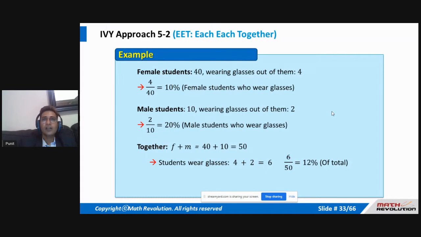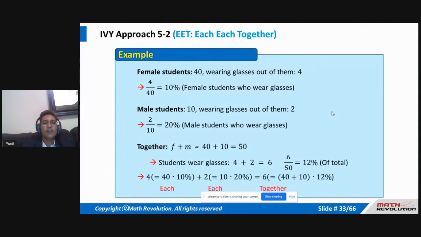Maybe they rushed, they over-assumed. It could happen with anyone. So every question is unique. This is what I would like to say. So together, the total would be 50, out of which six students are wearing glasses, which is 12% of the total. So this is how we solve each together. Much easier question.